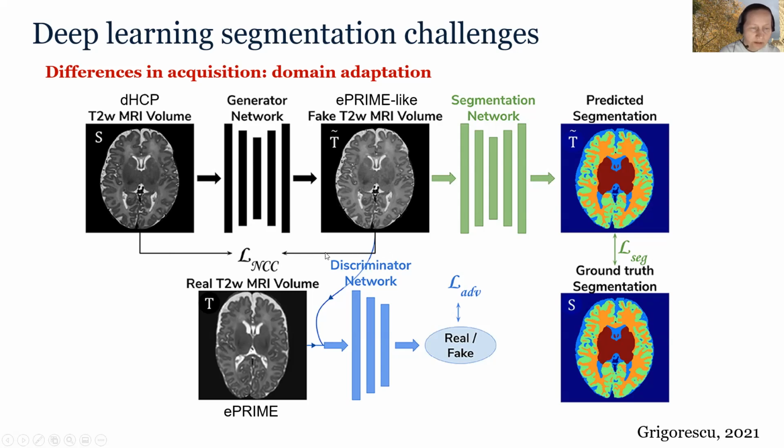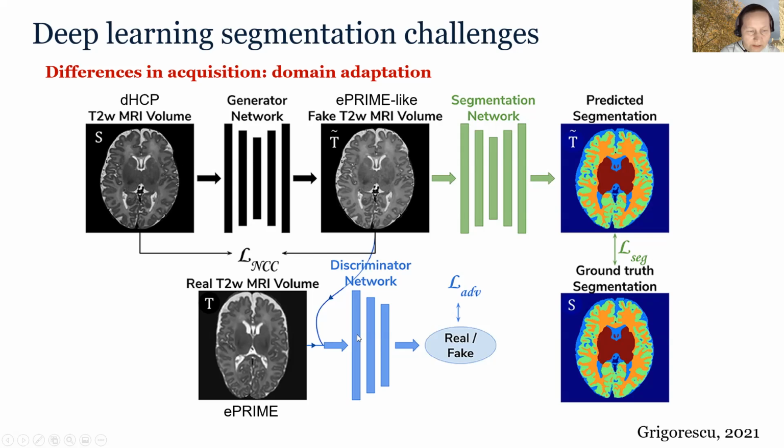One is normalized cross-correlation loss, which ensures that anatomy is the same while allowing to change the contrast and resolution. And then we also had an adversarial loss, and this is a classifier that tries to decide whether the image comes from the ePrime database or not.